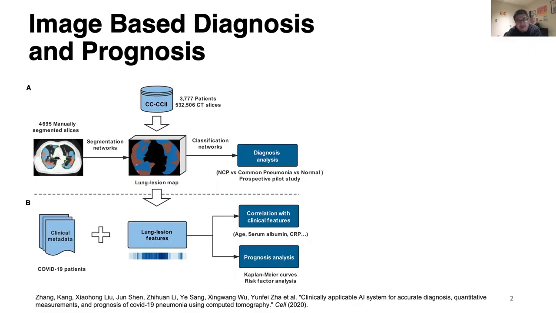The bottom portion, portion B, shows the AI-assisted clinical prognosis estimation based on the CT quantitative parameters and clinical metadata. This is a system for risk factor evaluation and a Kaplan-Meier curve analysis for severe or critical illness.